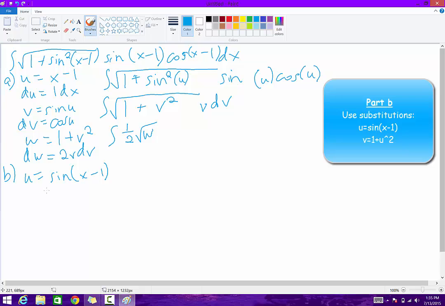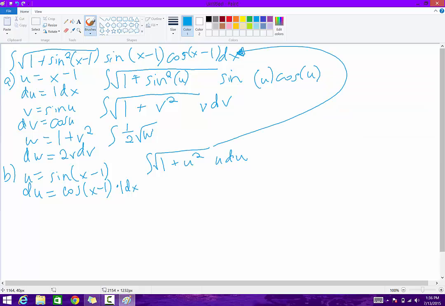If u equals sine of (x minus 1), du would be cosine of (x minus 1) times what's inside the parentheses, which is just 1, dx. If we rewrite the integral using this substitution, we would get the integral of the square root of 1 plus u squared, times u du.